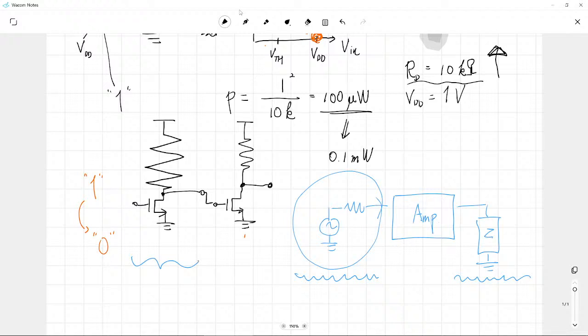Let's consider this one. Previously, when we considered this MOS inverter, everything was isolated and nothing else was there. But now, if we consider its later stage here, what is seen from this output node?